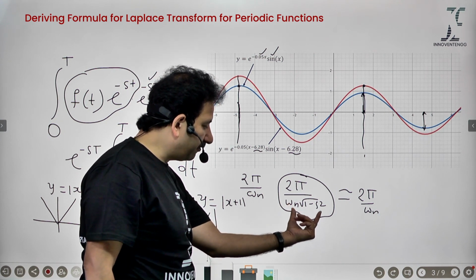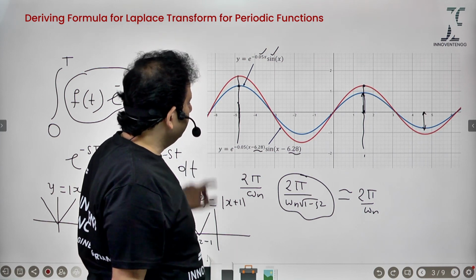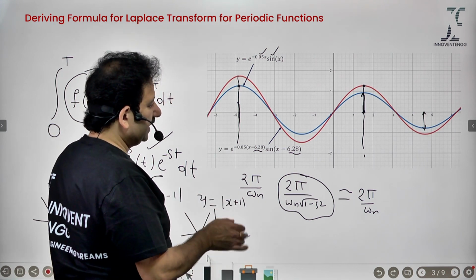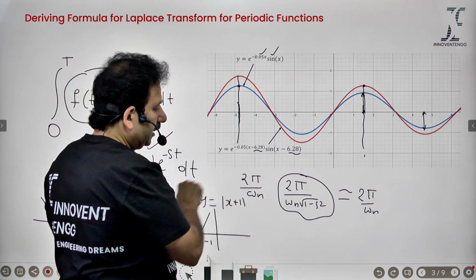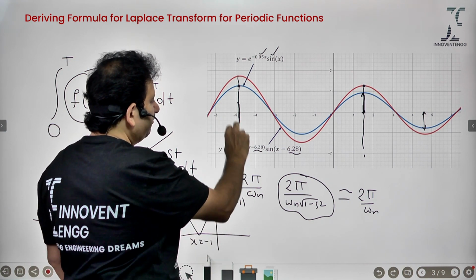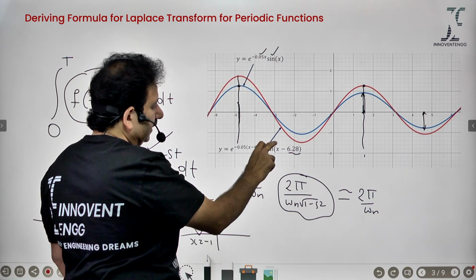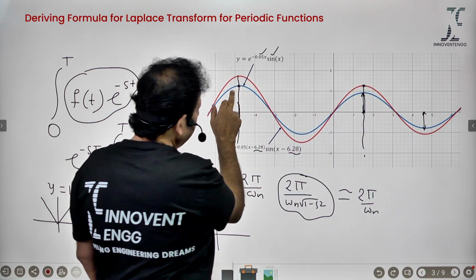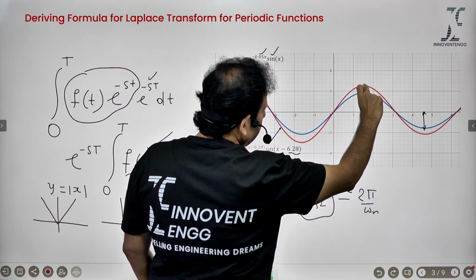So this is the damped natural frequency. Note omega n into root of 1 minus zeta square, and this is the natural frequency. And here you can see that the wave is losing amplitude as it is moving. And one way to very categorically tell you how the shifting of the wave has happened to the right by subtracting the approximate period is that whatever amplitude the blue wave had 2 pi radians before, you can see this is being possessed by the red wave after 2 pi radians. After 2 pi radians, you can see the blue wave has lost the amplitude, but the same amplitude is there with the red.